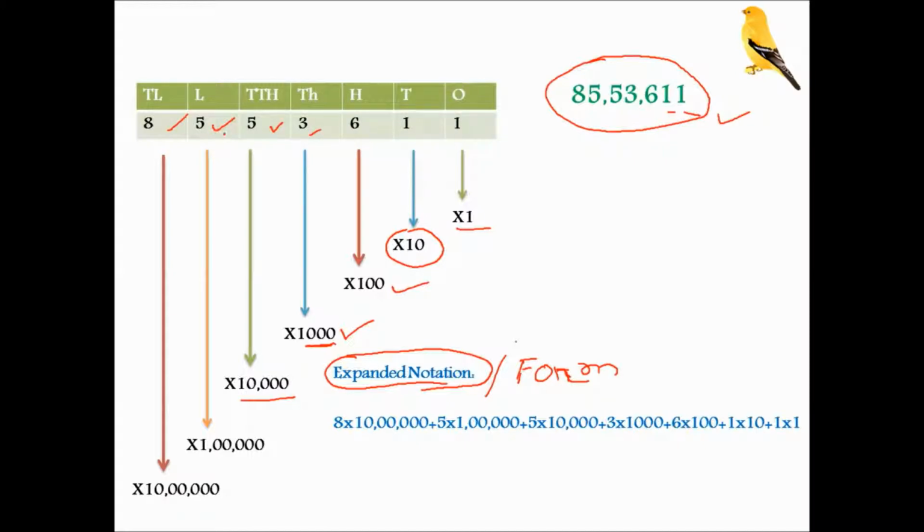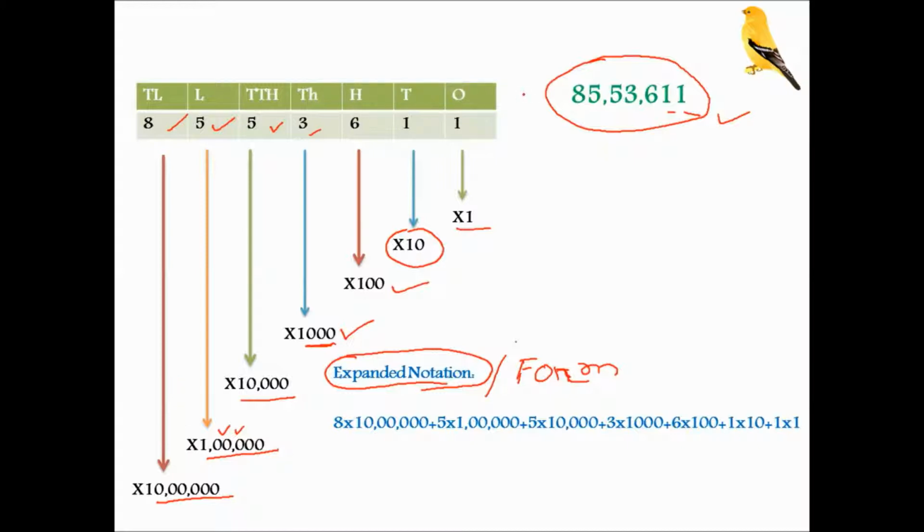What will be the lakhs place then? It will be 5 into 1 lakh, and 10 lakhs will be 8 into 10 lakhs. You know that there are 5 zeros in a lakh and 6 zeros in 10 lakhs.